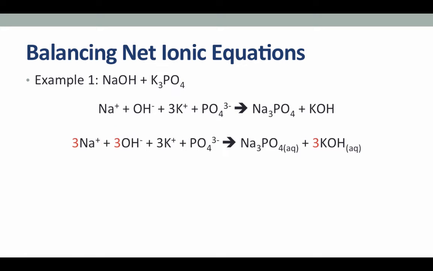On the product side, I can see that I originally had 3 potassiums. However, I only had 1 potassium in potassium hydroxide. So I need to add a 3 in front of the potassium hydroxide to balance the 3 potassiums that I see here and the 3 hydroxides that I now see here.